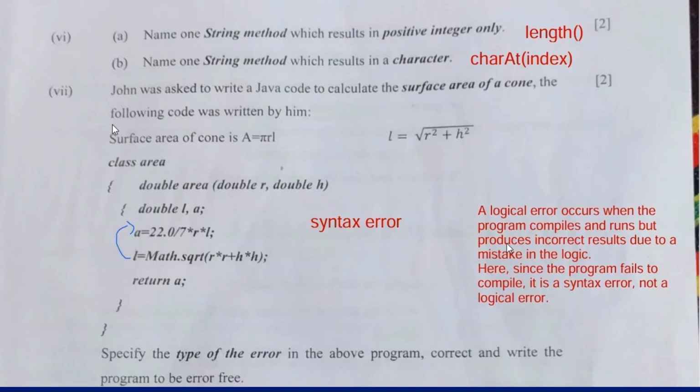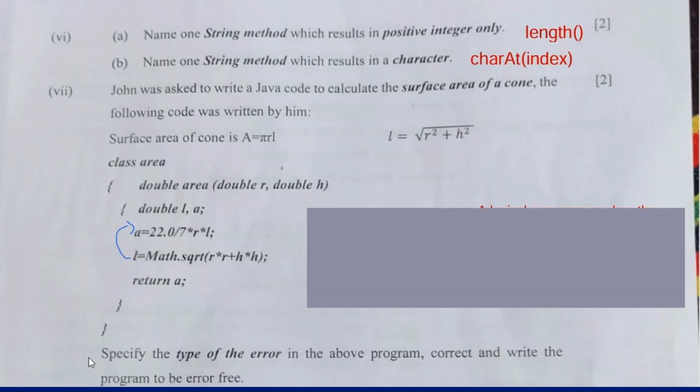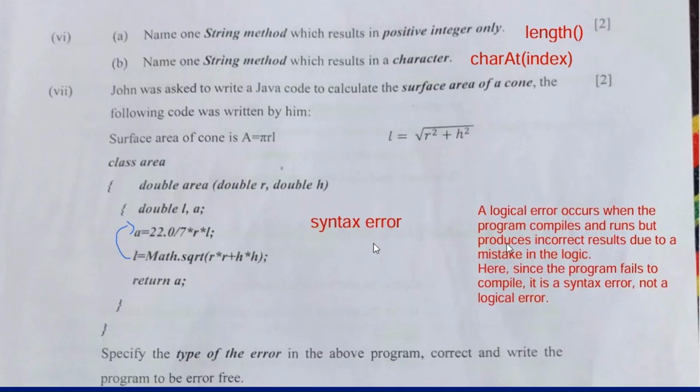Now question number 7. Specify the type of the error, correct and write the program to be error free. Type of the error is syntax error, because here L is not initialized, and in the expression to find A, L is used.